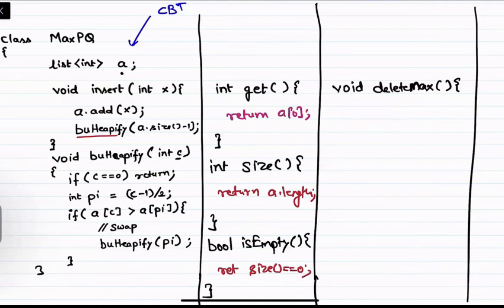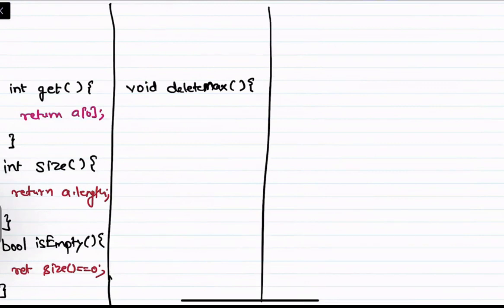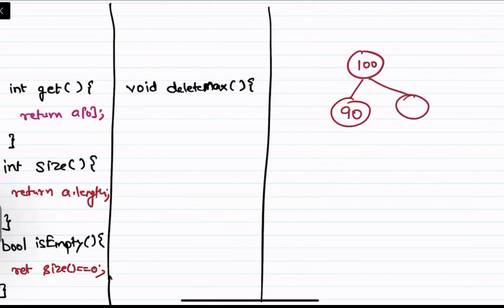What if we have duplicates? Good question, Sitaram. Even if we have duplicates, let's try to see. Let's gradually build our heap. First value, let's say, was 100. Now, if I insert 90, do you need to heapify 90 up? Does 90 need to go up? No. Let's say now I insert 40. 40 also doesn't need to go up. Now, if I insert 90 again, what will you do? 90 is not greater than its parent.